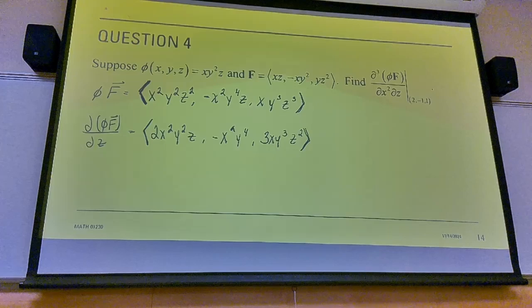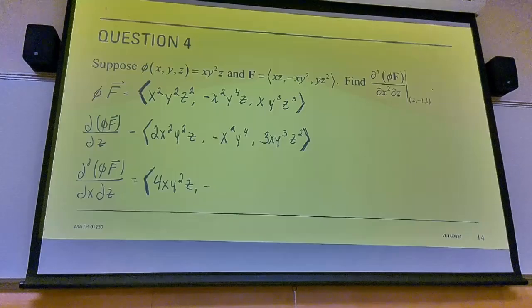Odd choice. Take that, differentiate with respect to x. What do you get? y squared z, negative 2x y to the fourth, 3 y to the third z squared.